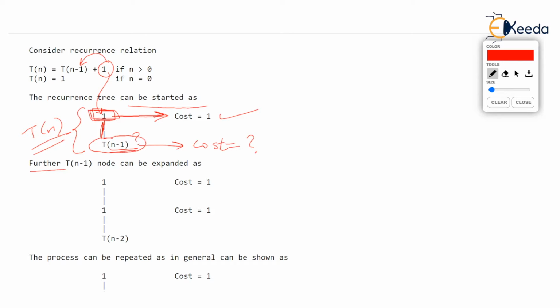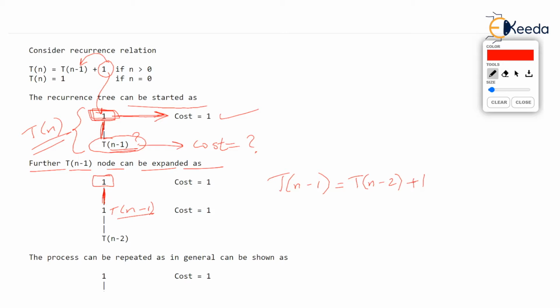Further, the T(n-1) node can be expanded. This one was the root, correct? And after the root we had T(n-1) in the earlier tree. But what is T(n-1)? Now T(n-1) is simply T(n-2) plus 1.